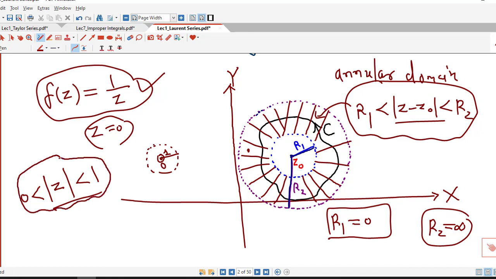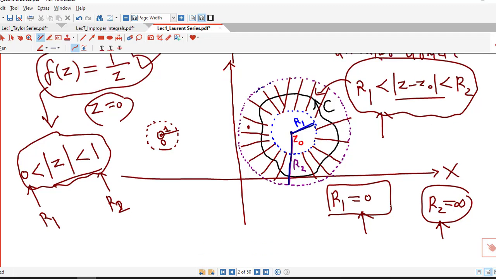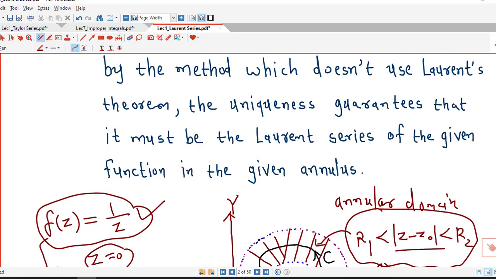If we consider this region, then this function f of z is analytic in this region, and therefore we can represent it in terms of Laurent series. If we compare, here center z0 is 0, r1 is 0 and r2 is 1. So r1 can be 0 and similarly r2 can be infinity, which we will discuss in the examples when we proceed further. So this is the idea of Laurent series.